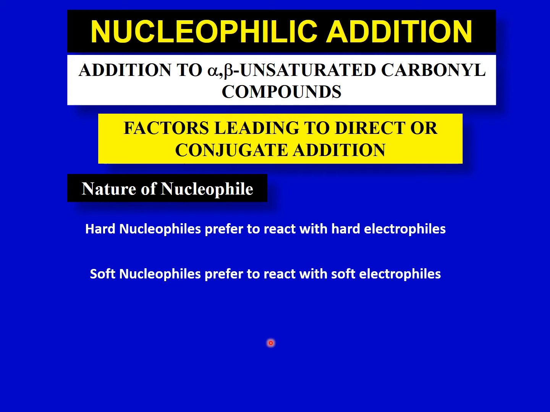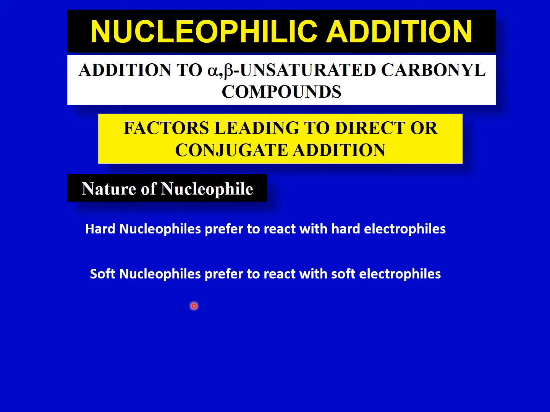You may have heard about soft and hard acid bases, in which hard bases prefer reaction with hard acids and soft bases react with soft acids. And the same is true for the combination of electrophiles and nucleophiles. So we will follow the general trend, that is hard nucleophile reacting with hard electrophiles and soft nucleophiles reacting with soft electrophiles.